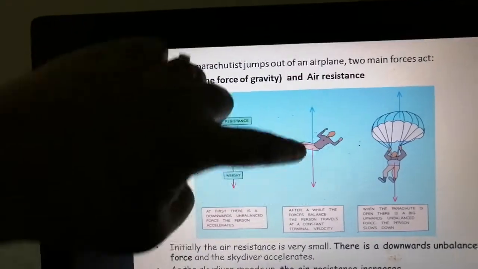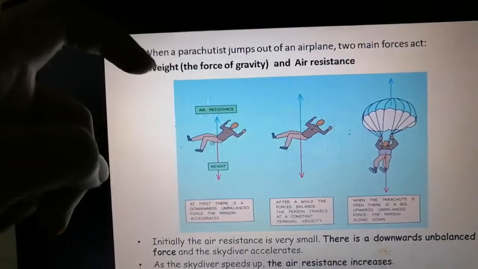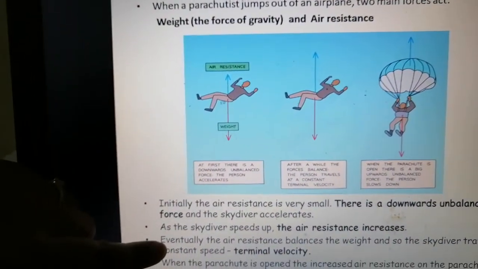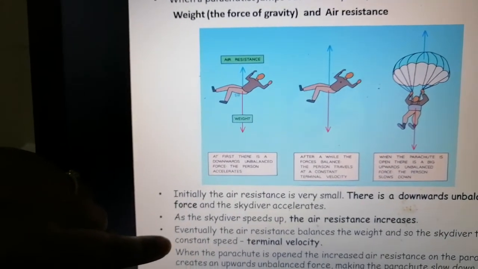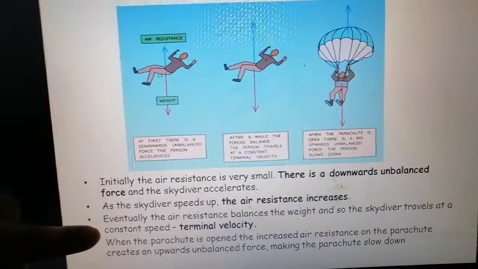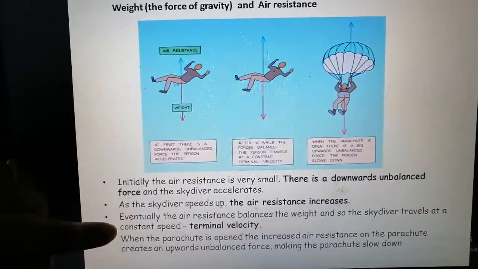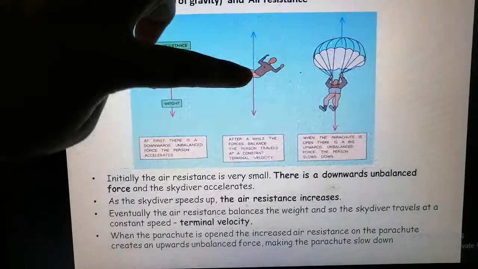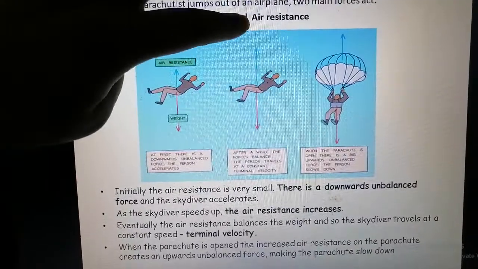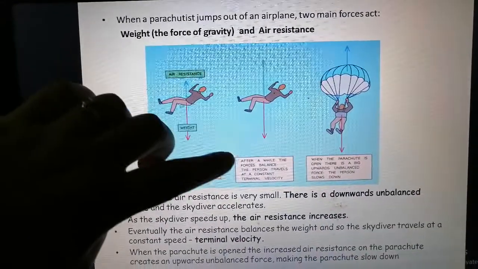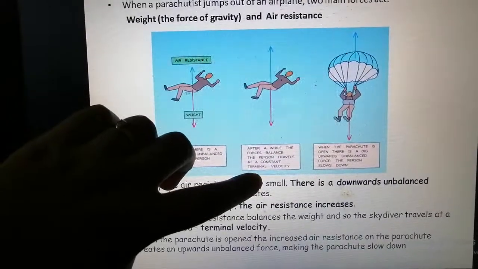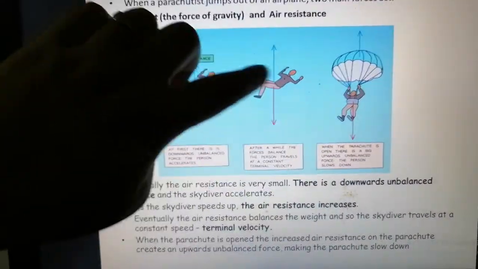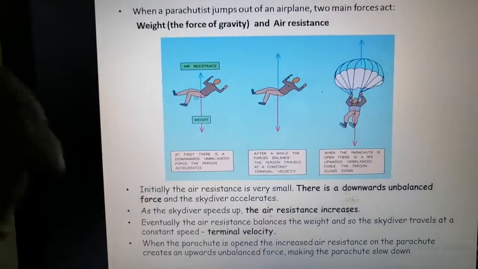Eventually the air resistance balances the weight, and so the skydiver travels at a constant speed, which we call terminal velocity. So after a while the forces balance, and the person travels at a constant terminal velocity.